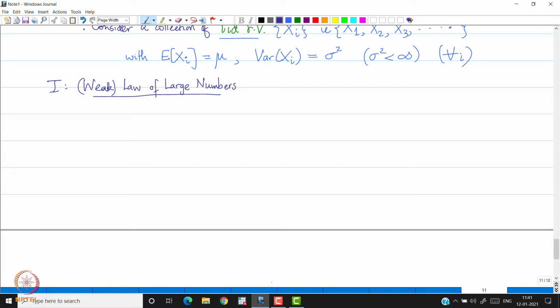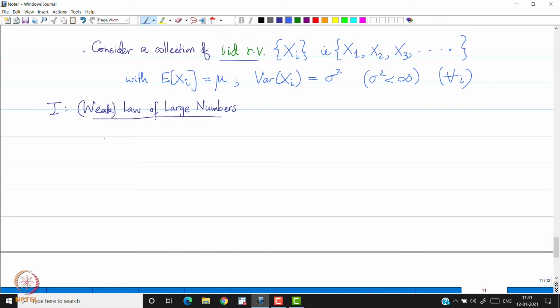Even this point is sort of common. So, what can we say about the behavior of the sum of these IID random variables? Consider this Sn, the sum of n of these random variables, small n of them.